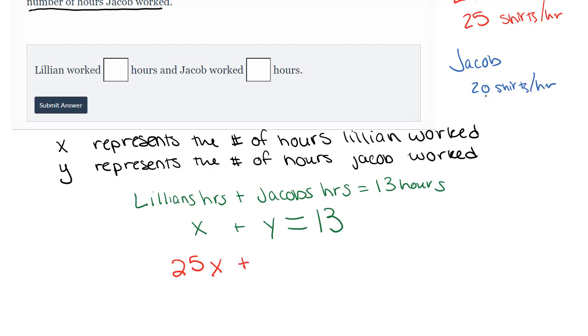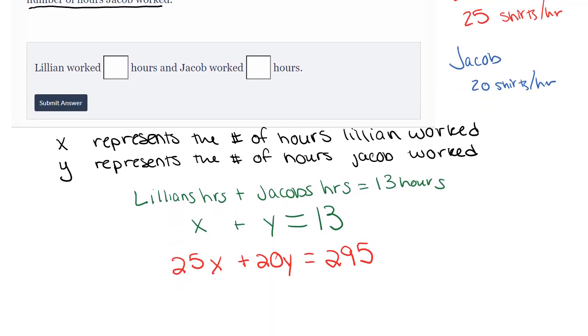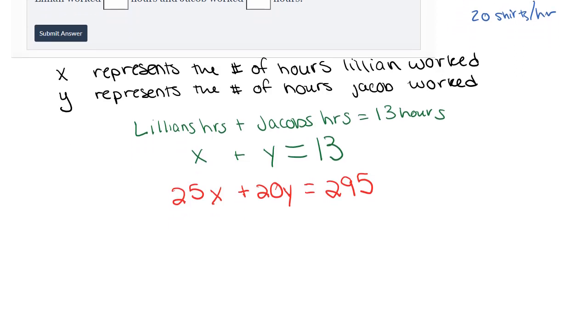Then Jacob does 20 shirts per hour, and I'm going to multiply that by the number of hours that he worked. So 20y. And those combined should give me the number of shirts they ironed all together, which we know from the problem is 295 shirts. All right, and now I have my two equations. I'm going to go ahead and solve it.